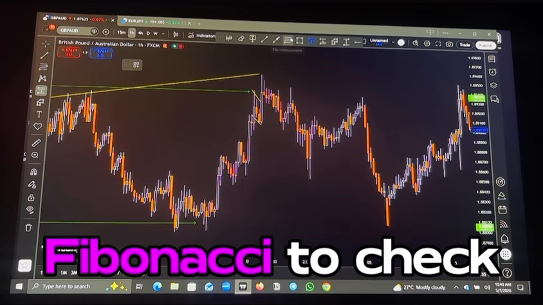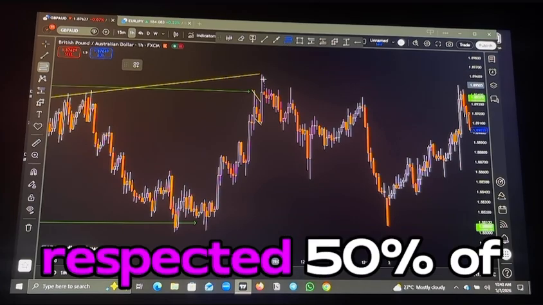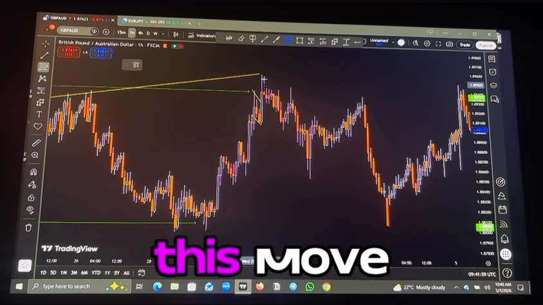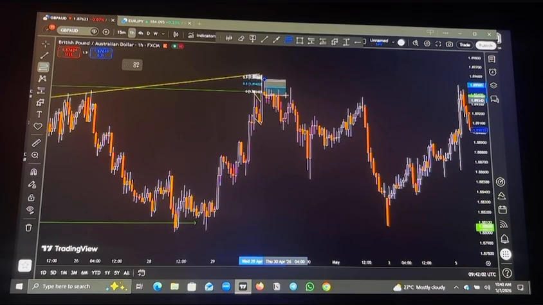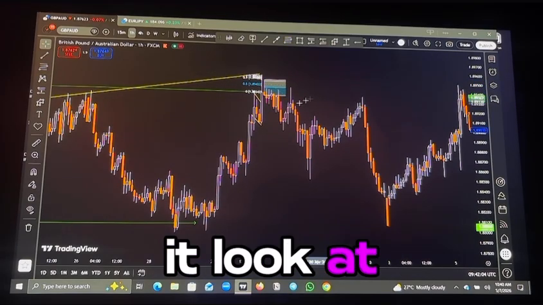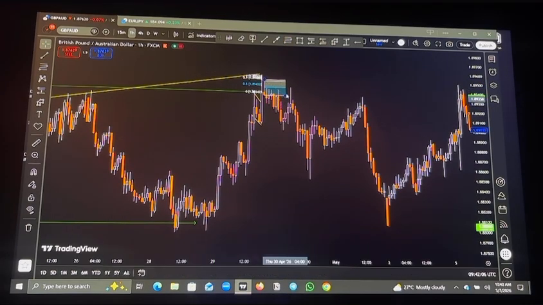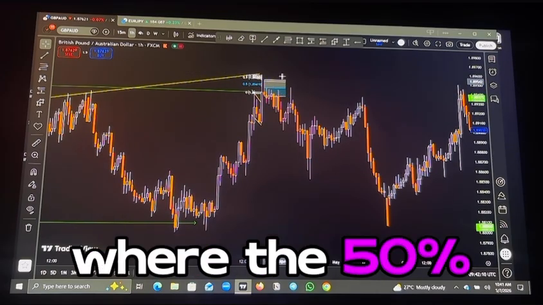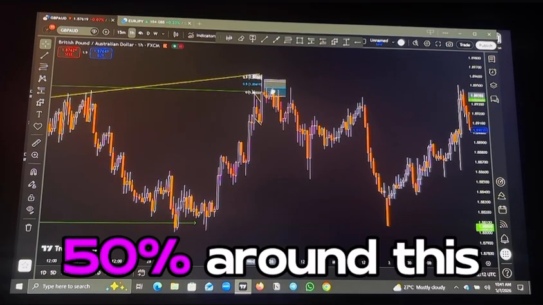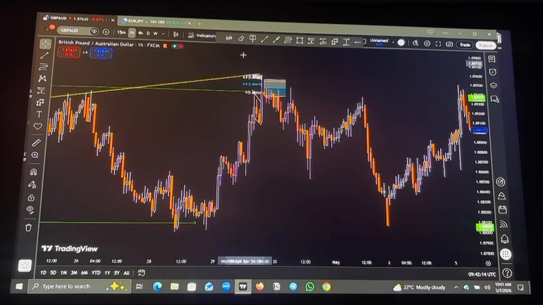Now let's use our Fibonacci to check if it has respected 50% of this move. You can see it. Look at the 50% around here. You can see where the 50% is. Look at the 50% around this region.